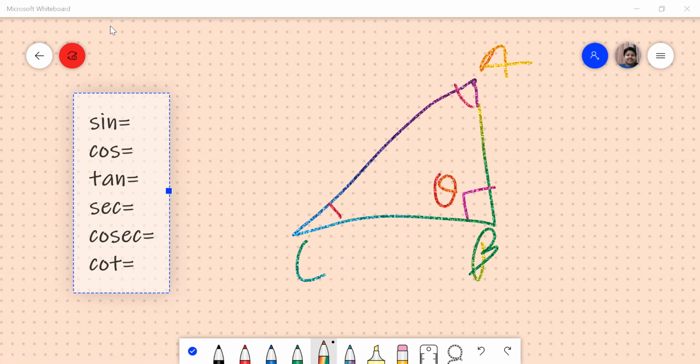Before we move on to the formulas, let me tell you the full form of these terms which I just told you. So this one is sine, you denote it sin.